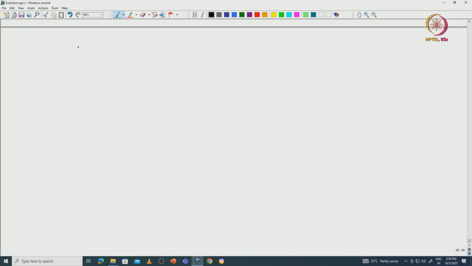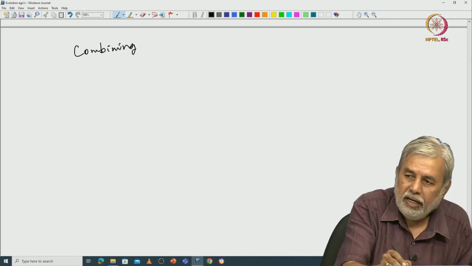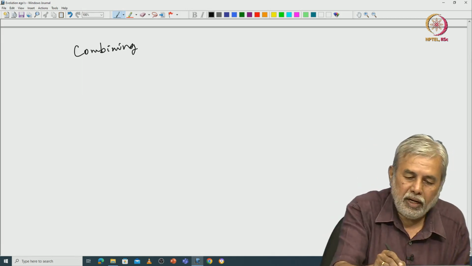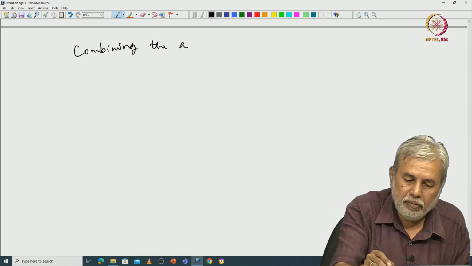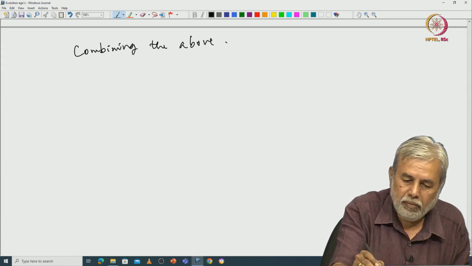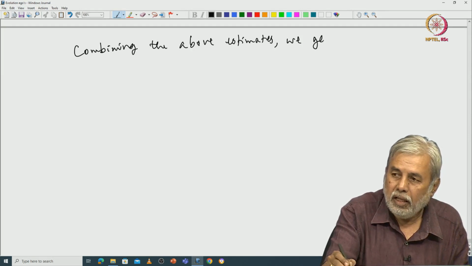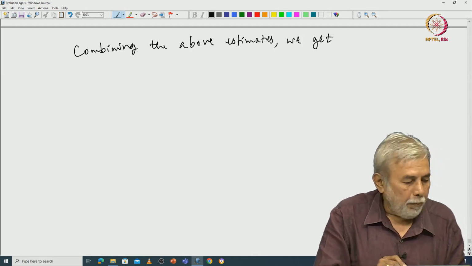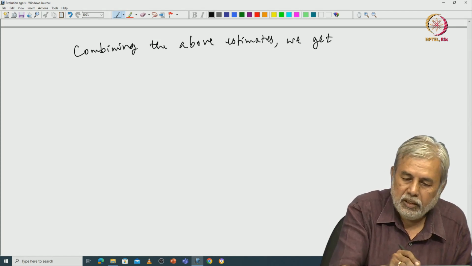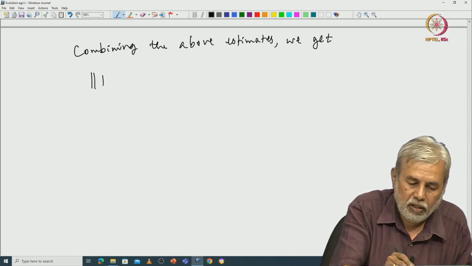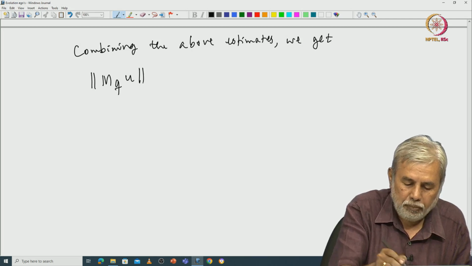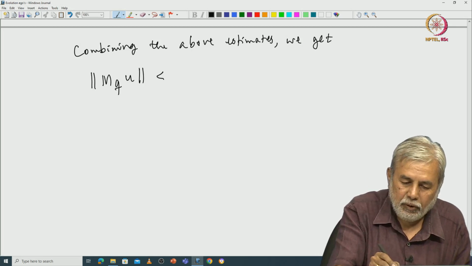So, combining the above estimates, what we get is that the L2 norm of MQ u is less than or equal to some constant.